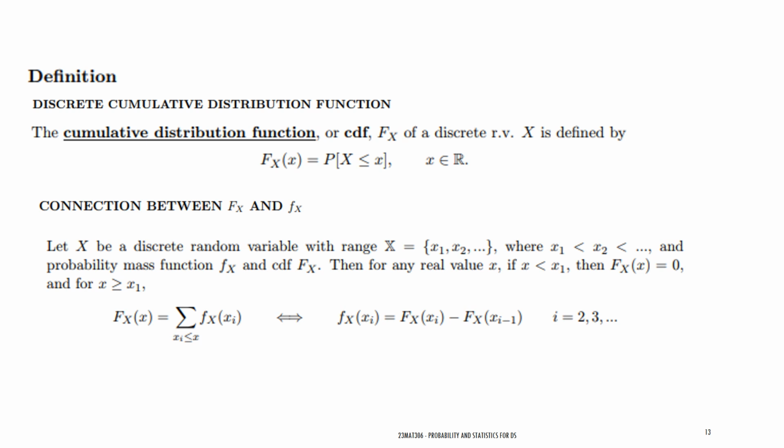The connection between capital Fx and small fx is that capital Fx of x equals the summation over xi less than or equal to x of fx of xi, if and only if small fx of xi is the difference between Fx of xi minus 1 and Fx of xi in the cumulative distribution function, for i equal to 1, 2, 3 and so on.